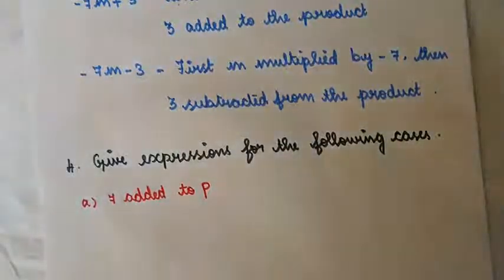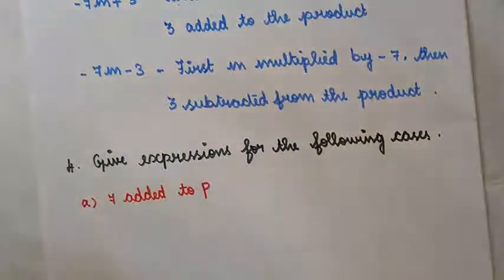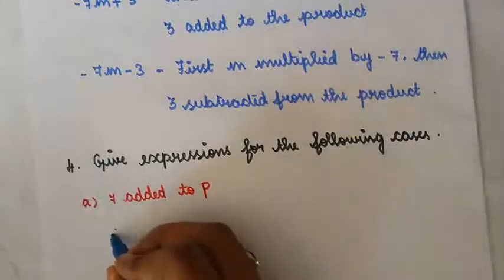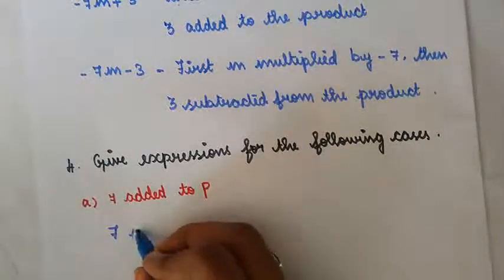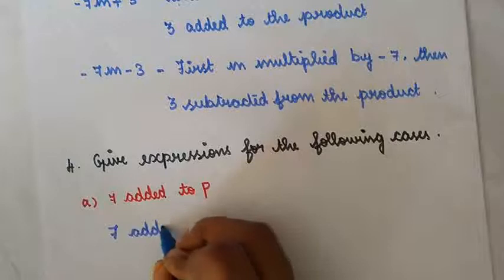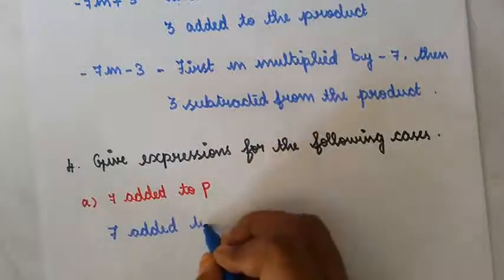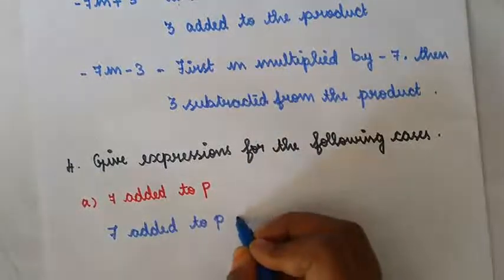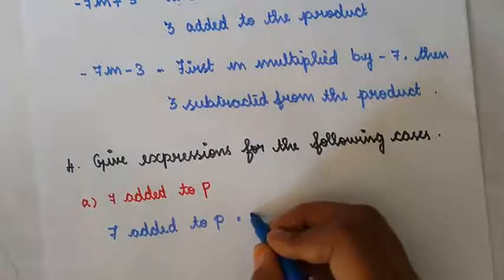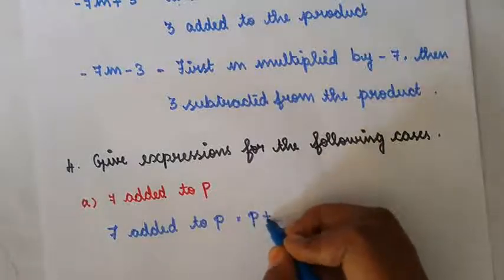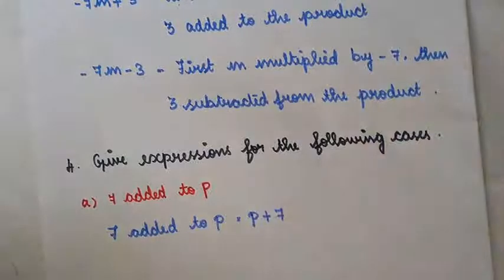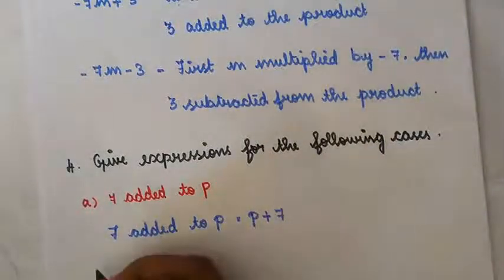Okay, we have to convert this sentence into an expression. So first we have to write 7 added to P, it means 7 plus P or P plus 7. Both are the same.